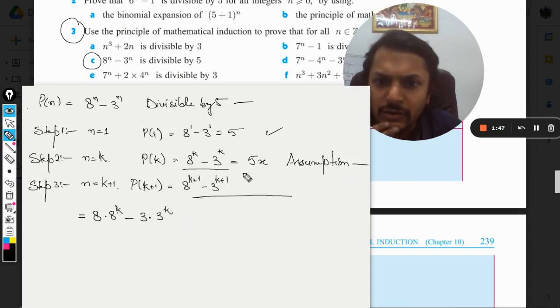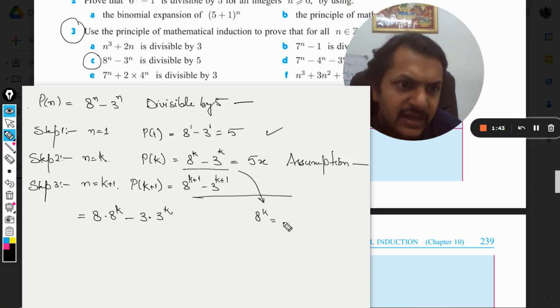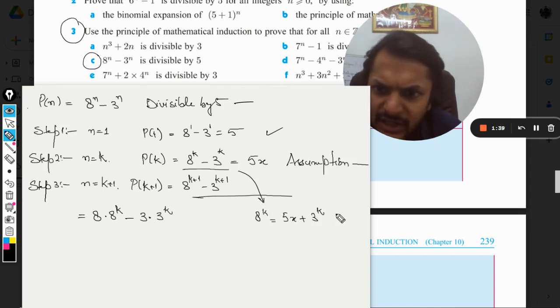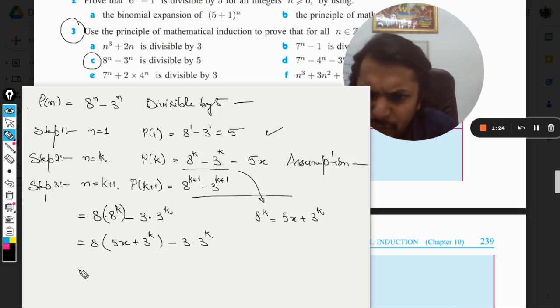Yeah, that is not going to solve our problem. So let us see, 8 raised to power k is equal to 5x plus 3 raised to power k, and I am now going to substitute this in the place of 8 raised to power k, minus 3 into 3 raised to power k. Yeah, this is going to solve it.